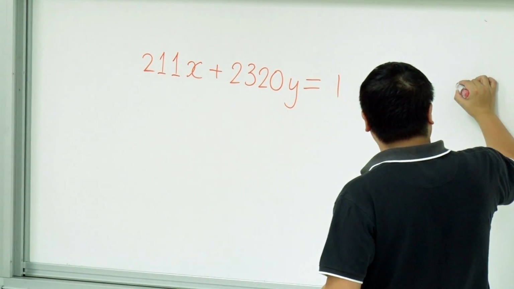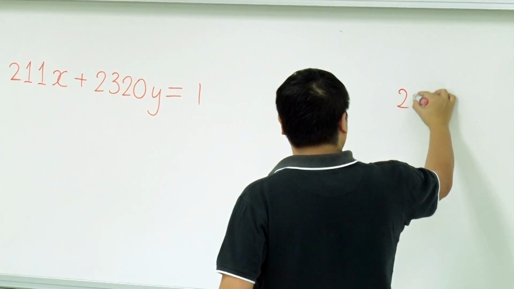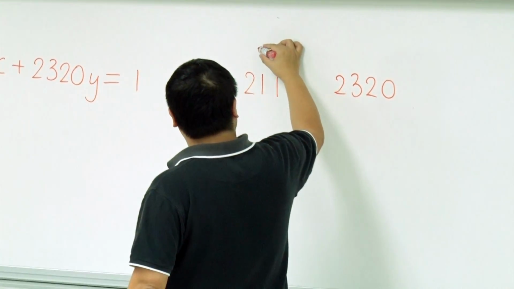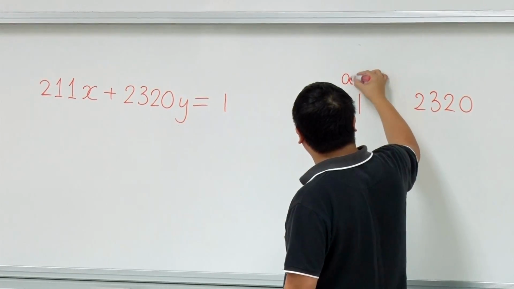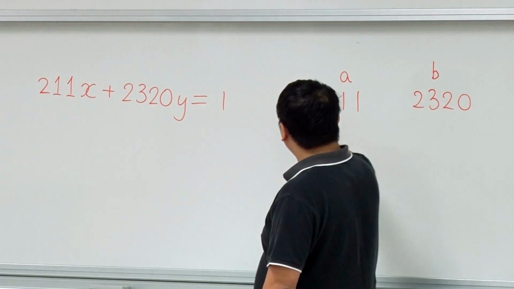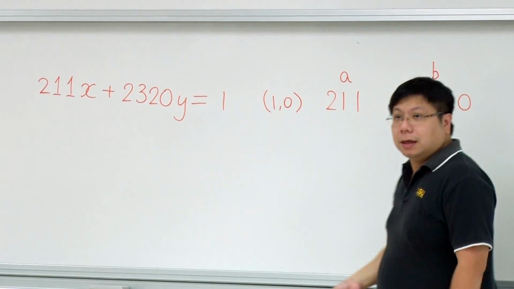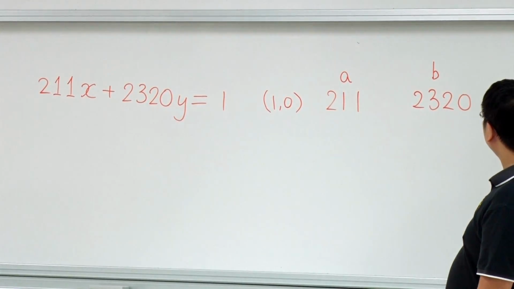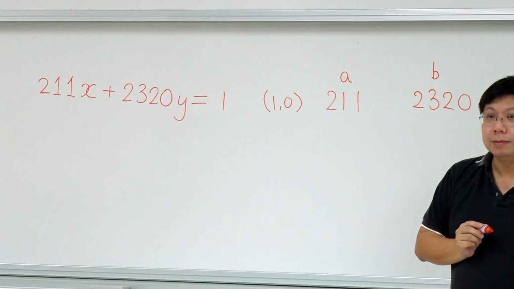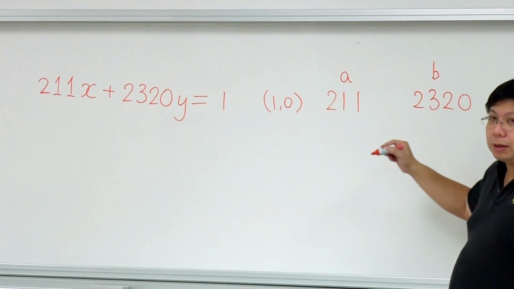So we write down 211 and then 2320 here. You can think of this number as A and this number as B. So 211 is equal to 1 times A plus 0 times B. And for 2320, it is 0 times A plus 1 times B. Then we find the GCD by doing the Euclidean algorithm.